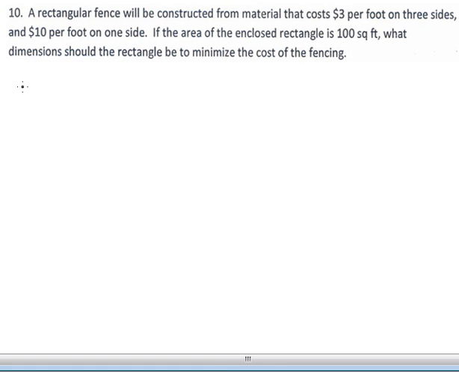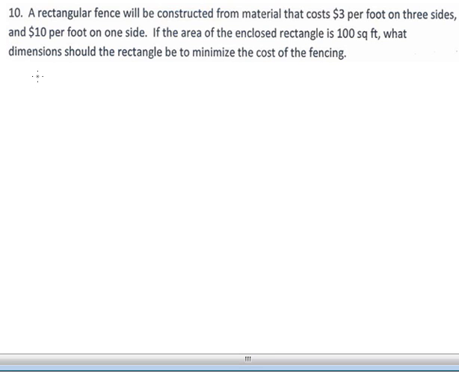In number 10, we have a rectangular fence. Okay, number 10 is an optimization problem. We have a fence that's constructed from material that costs $3 per foot on 3 sides and $10 per foot on 1 side. So the fence, that's a rectangular fence, is enclosing a rectangle.